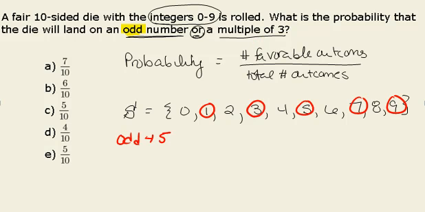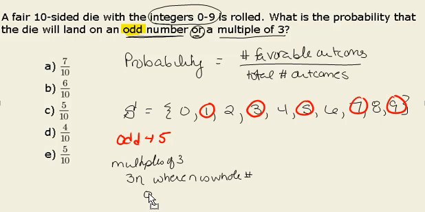Next, we would think that, okay, it could be odd or it could be a multiple of 3. Therefore, we need to figure out what our multiples of 3 are. If we remember, multiples of 3 are of the form 3 times n, where n is a whole number. If n is 0, our multiple of 3 would be 3 times 0, which is 0.